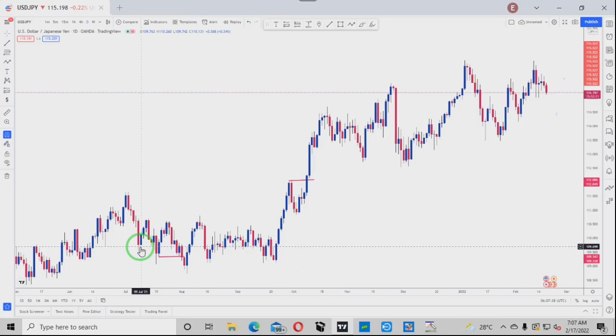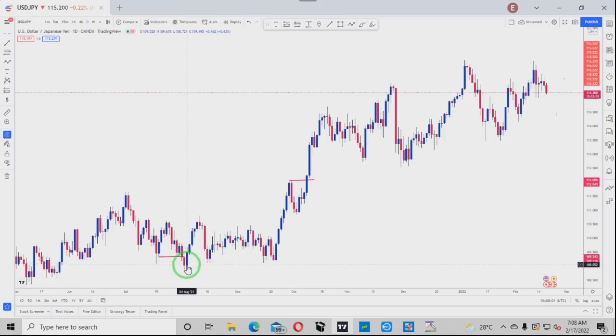Now, in this case, here is a lower high and price dropped to break this structure low here. Can you see that? Remember, our break of structure is a candle body breaking a candle wick.